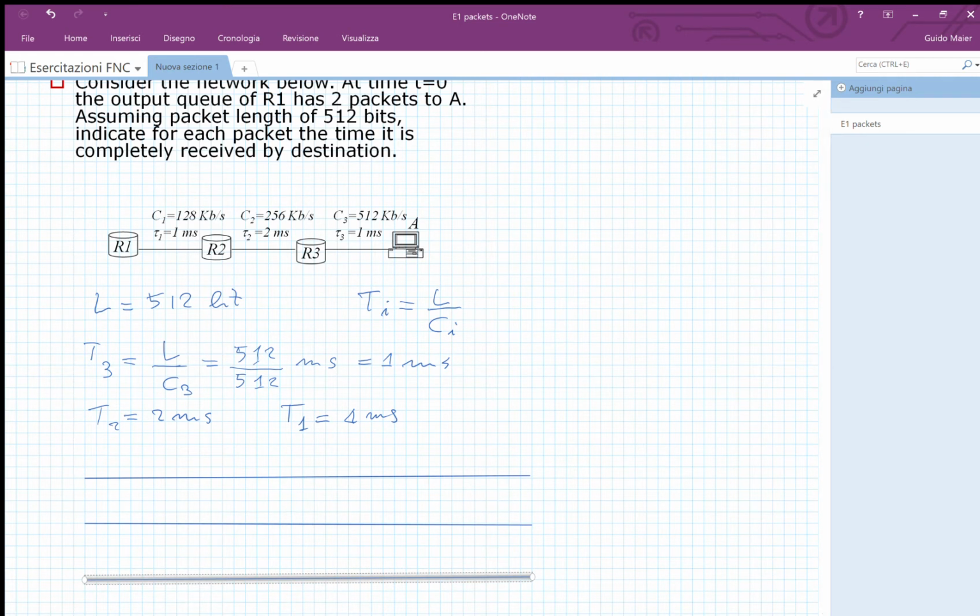And then we can start drawing the packets. The distance between the lines doesn't matter. You can choose it as you want. The important thing is that you select a time unit which is the same for all the axes, and in this case it is very convenient that I choose one small square corresponding to 1 millisecond.